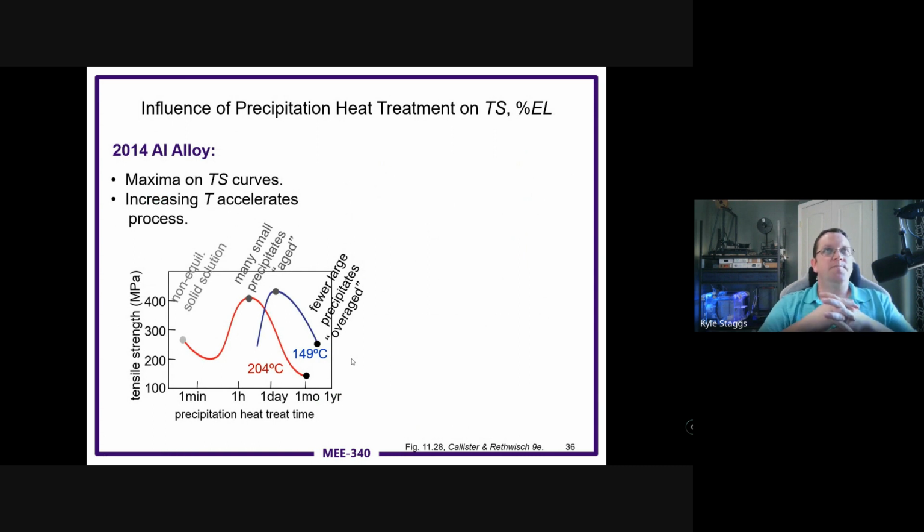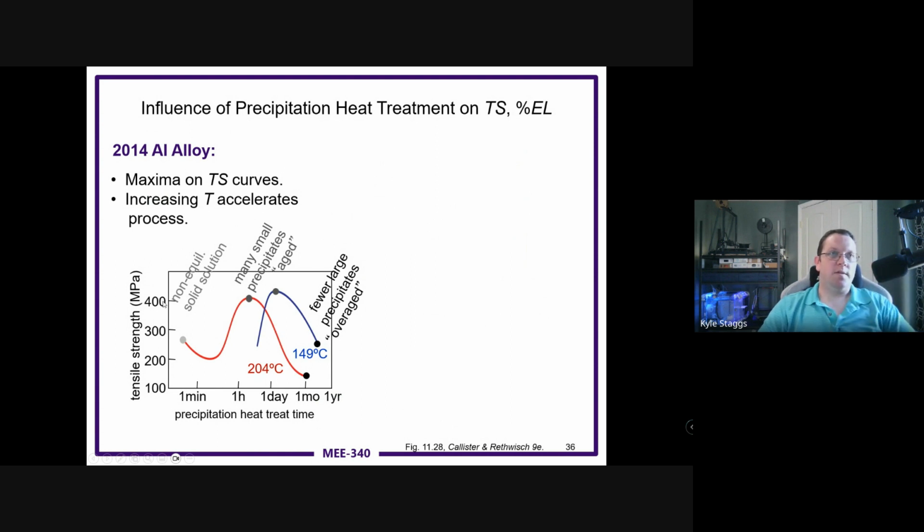propagated in the material. So let's take a look at what happens in terms of tensile strength and percent elongation. Maxima for these curves are slightly different depending on what is often termed as the aging of the materials.